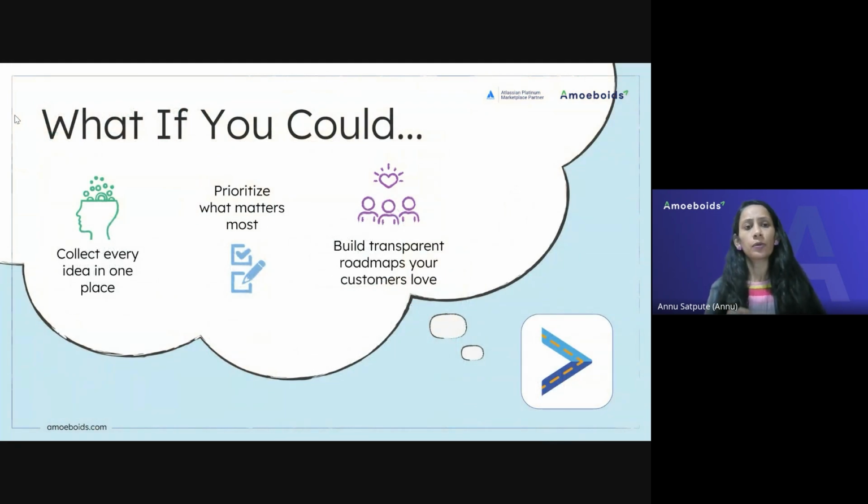Now let's talk about a positive scenario here. Just think about this: what if you could collect every idea in one place? And what if you could prioritize what matters most, right?